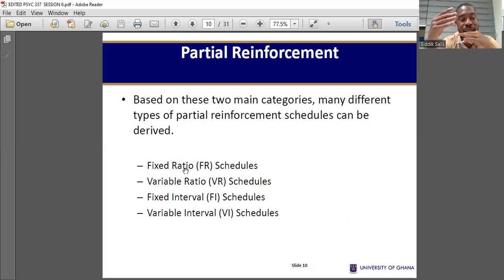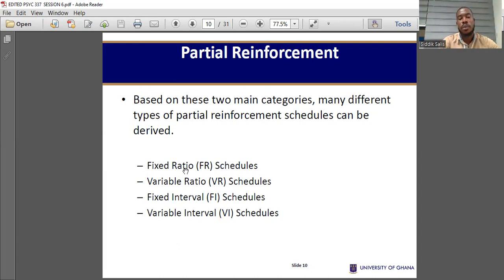Or you are being given a task. If you finish 1 file, you'll be given, let me say, 20 cedis. So it depends on how many files you finish and the reward you're going to gain, and it is fixed.